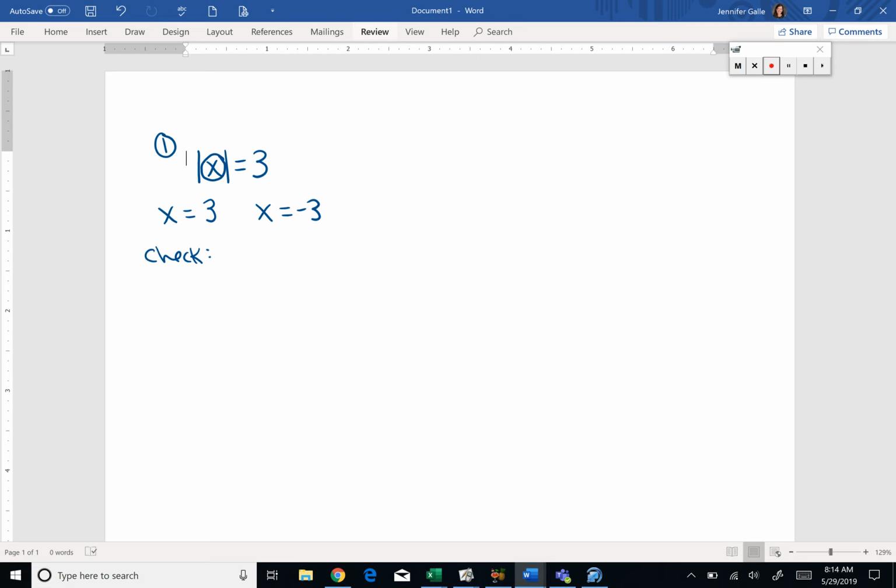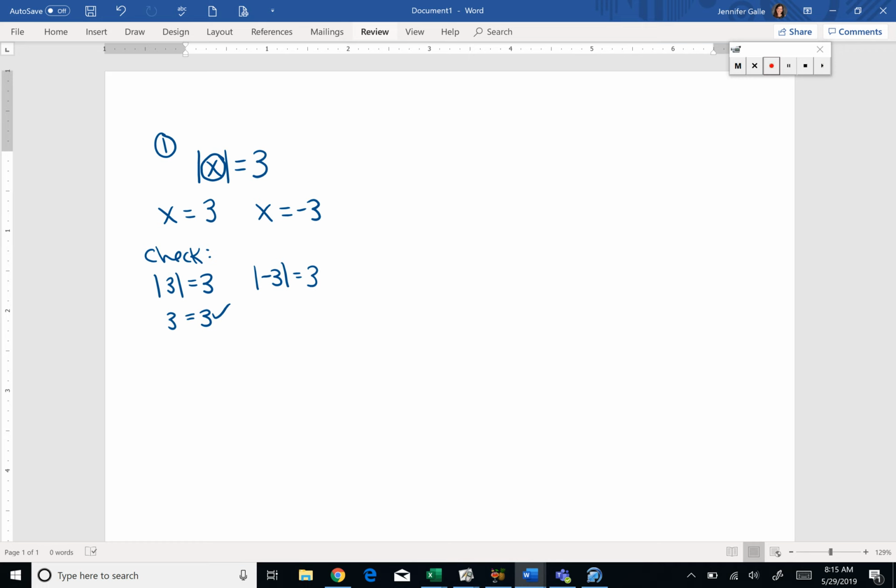All right, here's our check. I'm going to check 3 first. Absolute value of 3. Again, absolute value is the distance we are from 0. So 3 is 3 spaces from 0. That one checks. We check negative 3 next.